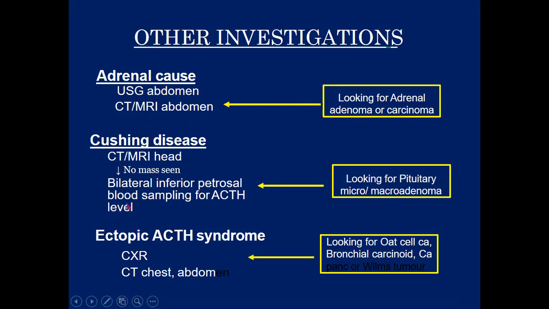It's difficult, but it is the most sensitive test if we are looking for the pituitary micro or macroadenoma or Cushing disease, but not routinely performed. Then for ectopic, we have to go for the radiological investigation like chest X-rays, CT chest, abdomen, looking for the small cell carcinoma or bronchial carcinoids or pancreatic carcinoma and Wilms tumor.